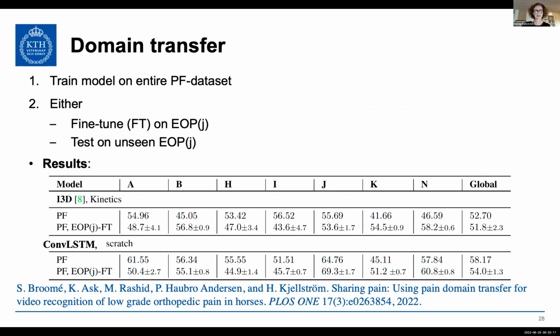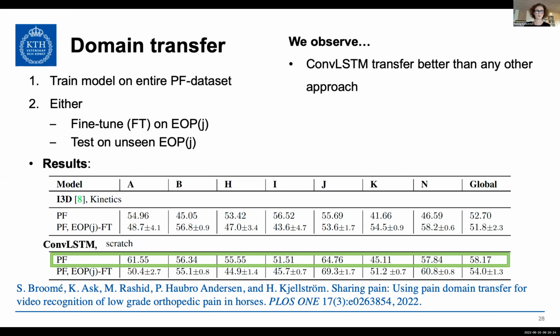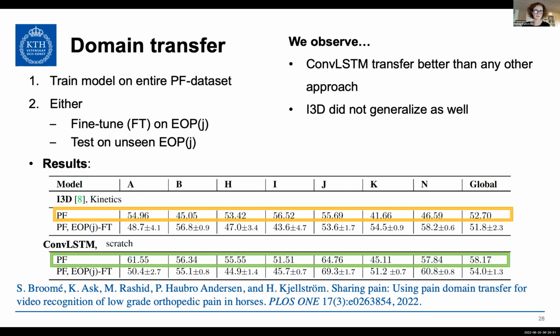Then we tried different kinds of fine tuning, and what we found was that even though the 3D CNN based method performed better in the original domain, the COM-LSTM model, this recurrent model, was able to generalize better to a new domain, which was interesting in itself.